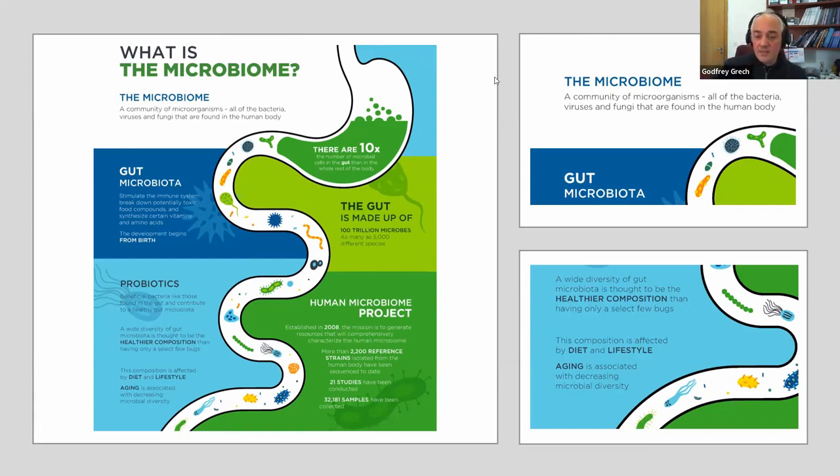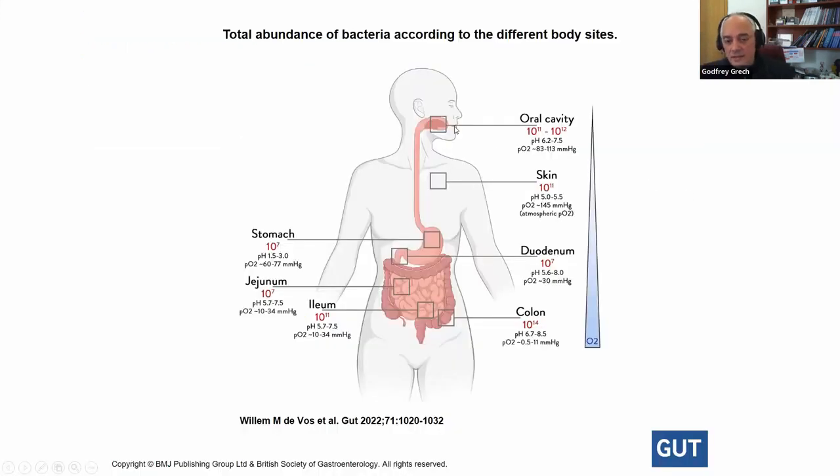Okay, and this microbiota are definitely affected by various things, including diet and lifestyle, and also age is associated with reduced microbial diversity. So if you look at the gastrointestinal tract, there's the upper and the lower.